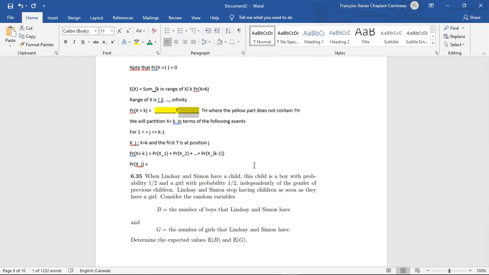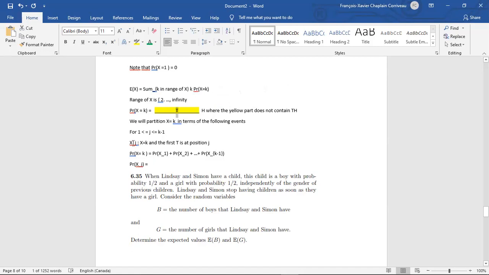Do we agree with that, or am I losing you guys? We're almost done with this question. Again, the observation is that we stop whenever we get this. If the position of my first tail is here, and I stopped here, it means that everything up to there has to be tails. If I had a head here, I would not have stopped there. So this whole portion has to be tails, and this is my first tail.